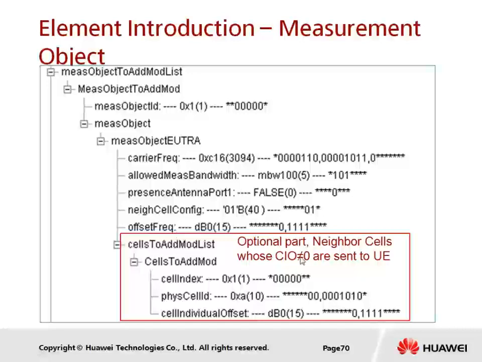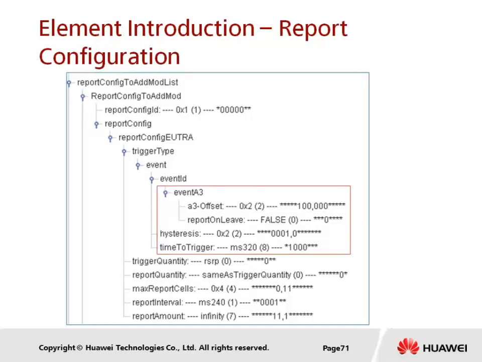This is optional, where only the neighbor cells with high measurement priority or with the CIO not 0 will be included in the measurement object.